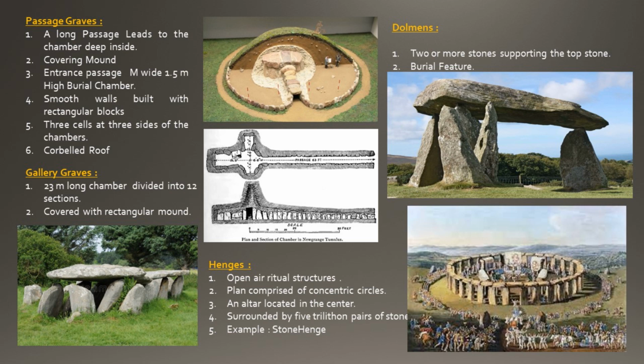Henges are open-air ritual structures, with a plan comprising concentric circles, an altar located in the center surrounded by 5 trilithon pairs of stones, for example Stonehenge. Dolmens have 2 or more stones supporting the top stone, and are a burial feature.